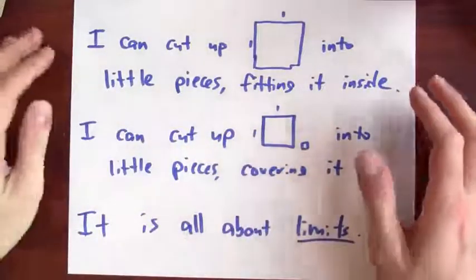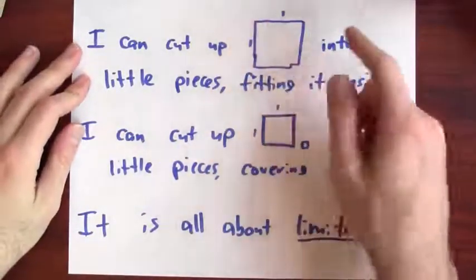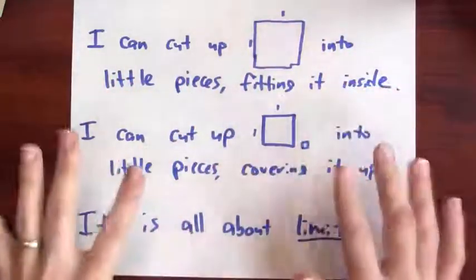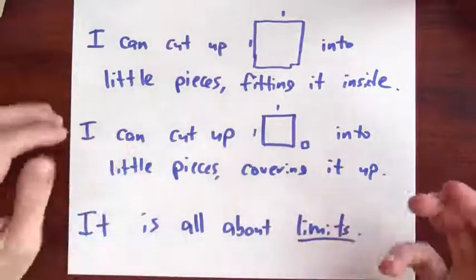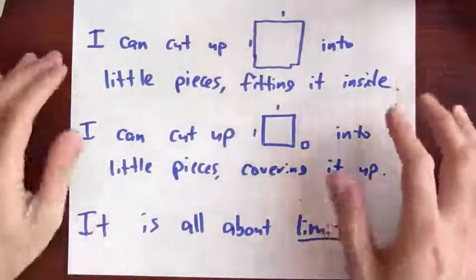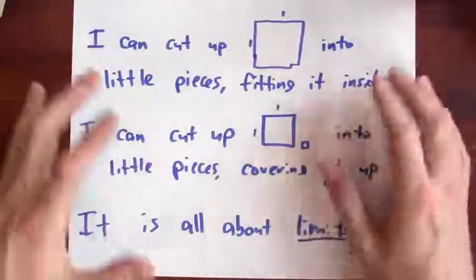Okay, so what does it mean to say that the area under the graph is 1 square unit? Well, what I don't mean is that I can take a square of side length 1 and cut it up and exactly cover that region. That's really not what I'm talking about when I claim that that region has area 1. If I claim that that region has area 1, I really mean two different things.